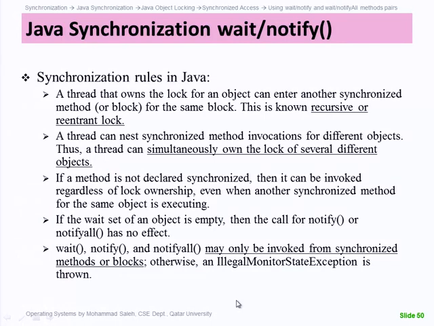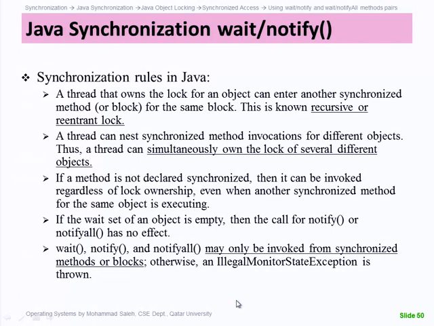Now, there are some rules with synchronization. These are general rules. The very first rule says that if a thread has hold on the object, which means it has the lock of an object and is executing a synchronized block of the object, then within that code it can execute other synchronized blocks within the same object. So if you have two synchronized methods in the object, and the thread is executing the code of synchronized method A, within that code the thread can invoke method B, which is synchronized as well.